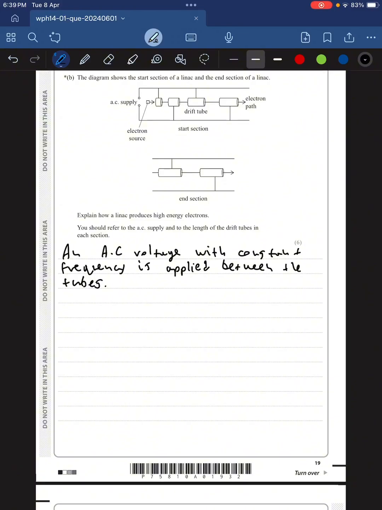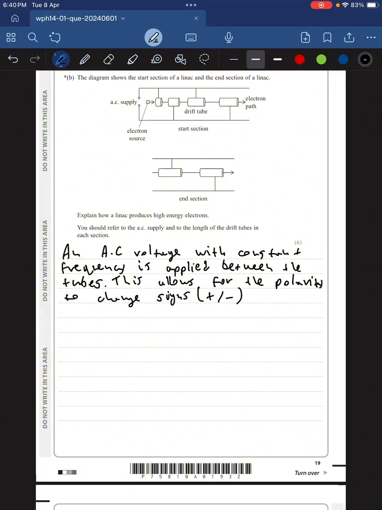Okay, this allows for the polarity to change signs, so alternating between positive and negative pretty much.